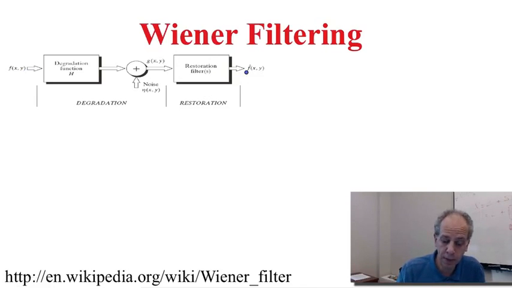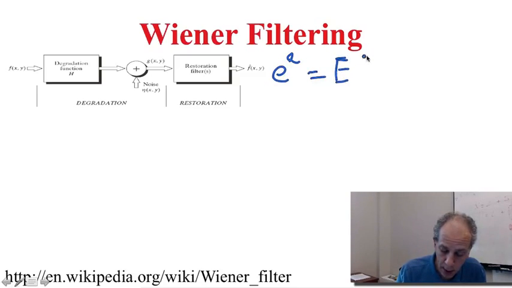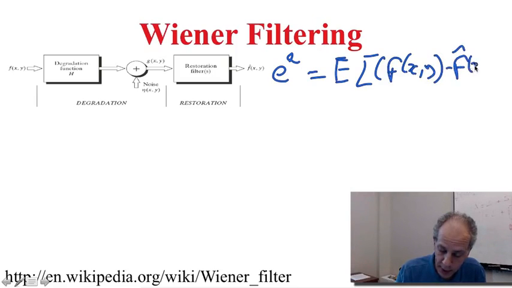The basic idea of Wiener filtering is that we want to minimize the mean square error between the reconstruction and the original signal. So I'm going to write the mean square error. It's basically the expectation of the square of the error between the original signal and the reconstructed signal. We have talked a lot about this type of error in the past.